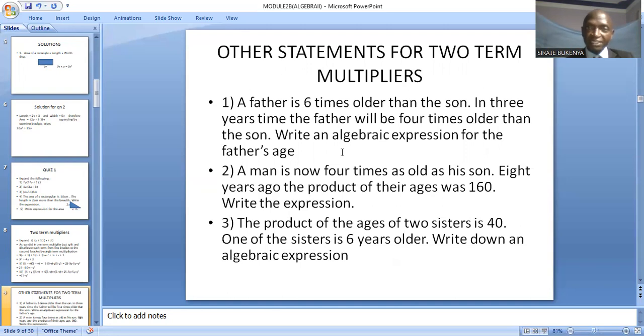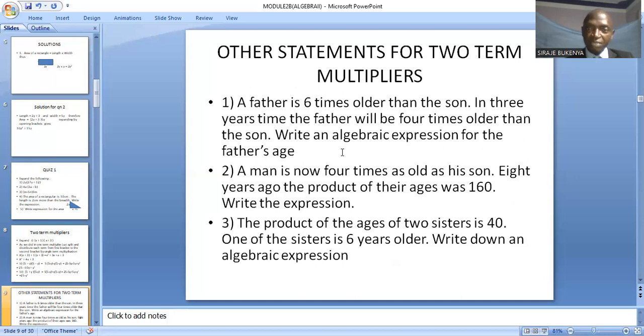If the son is y, then the father will be 6y. And then in 3 years' time, that means you're adding on 3 years for each. And then this one will be 4 times older. So you can try that expression and still get the answer, as we are going to see.